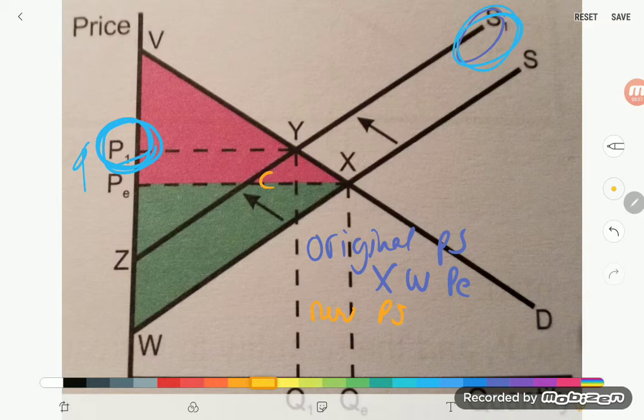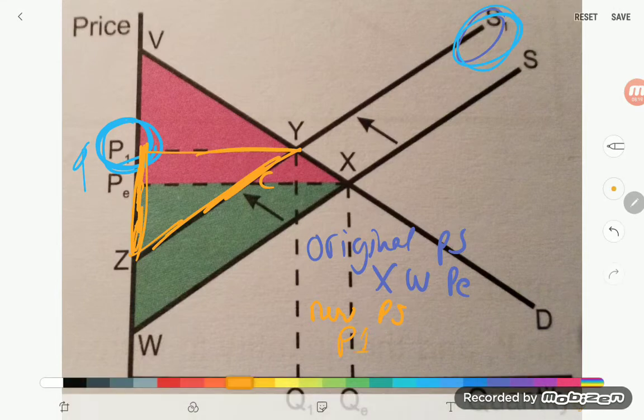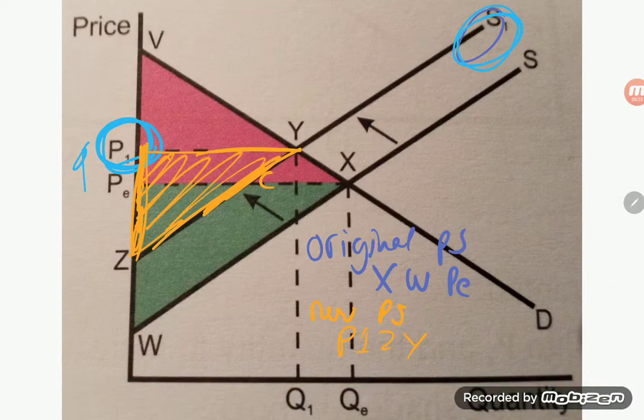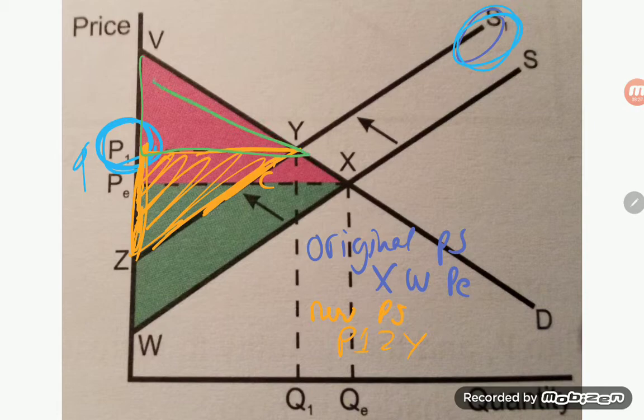Instead, the producer surplus would be P1, Z to Y. So that's our new producer surplus and our new consumer surplus.